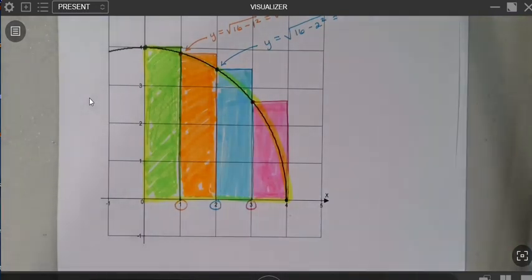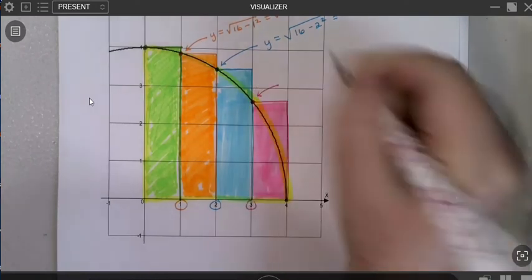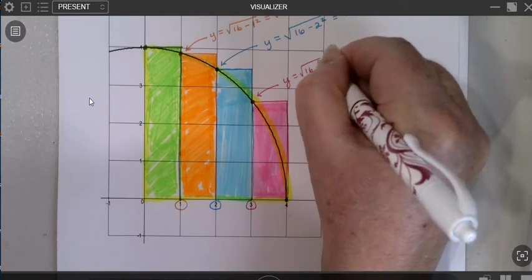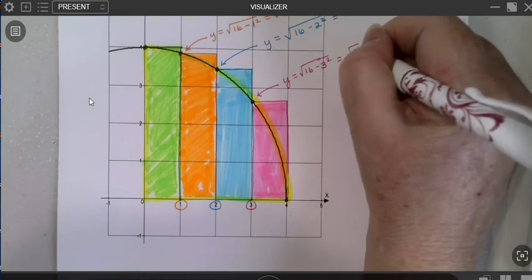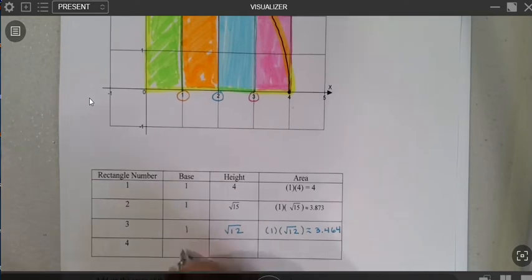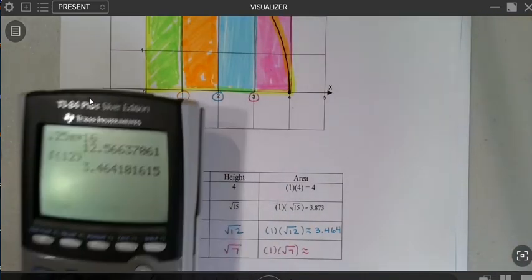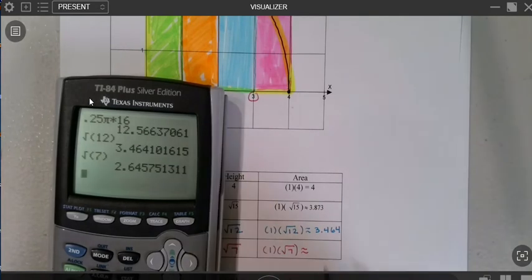This time, my base is still 1. And the height, this y value, is when x equals 3. So square root of 16 minus 9 would be the square root of 7 for that height. And so my area, 1 times the square root of 7, is about 2.646.